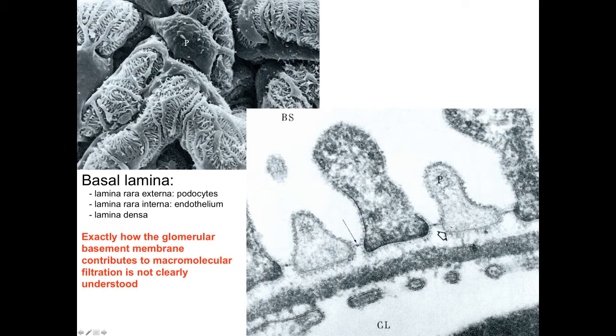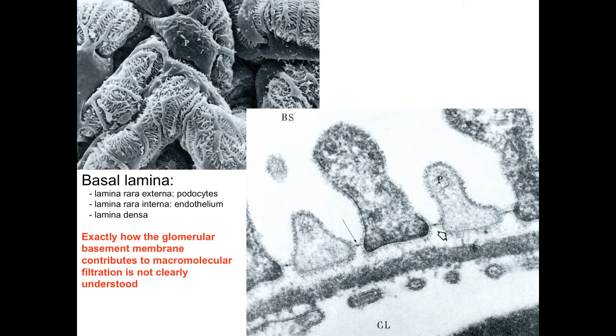The transmission electron microscope is showing this at a higher magnification, and the structure consists basically, the basal lamina, of a lamina rara externa, which is synthesized by the podocytes, a lamina rara interna, which is synthesized by the endothelium, and then a lamina densa.